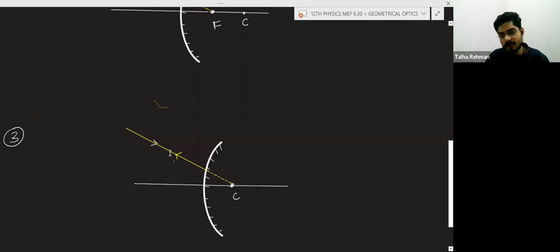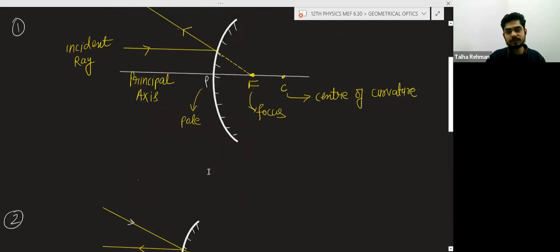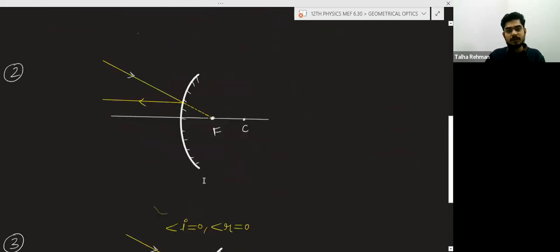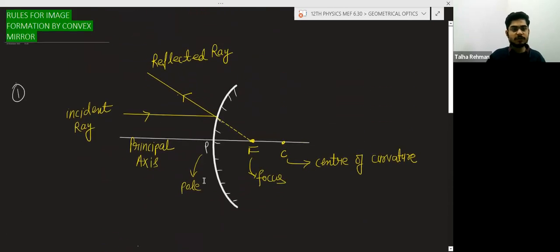When you draw the normal, the normal will also pass through the center of curvature, so the angle of incidence equals 0 in this case, and the angle of reflection also equals 0. That is why this ray of light will retrace its path. These are the three rules in case of the convex mirror.